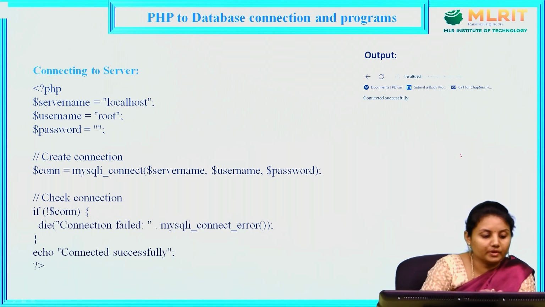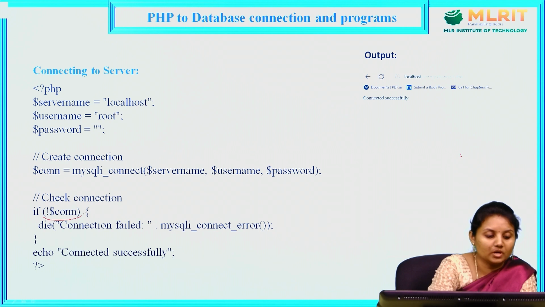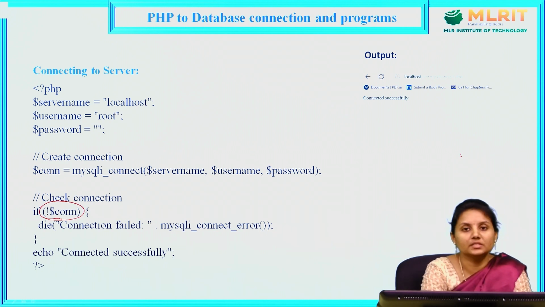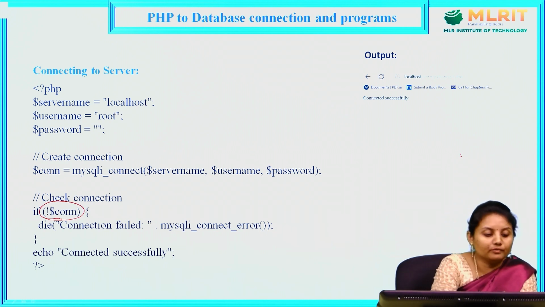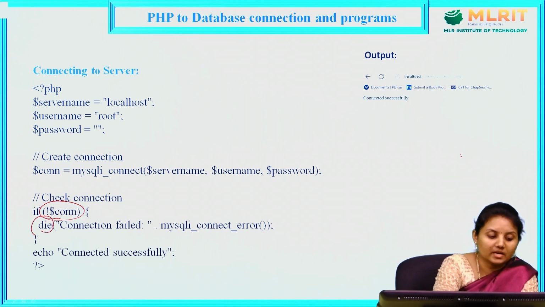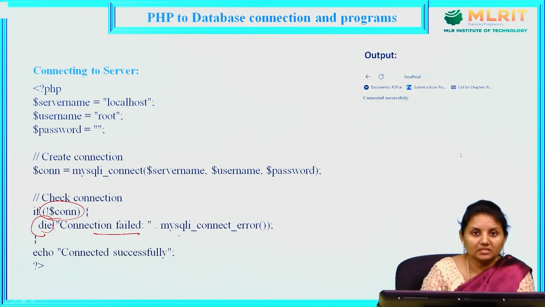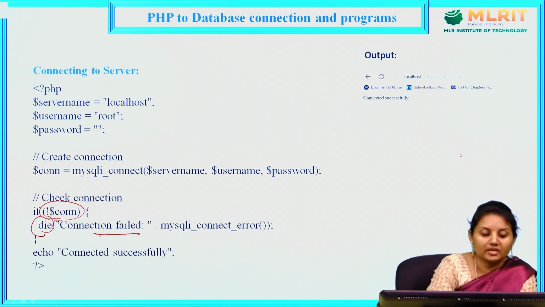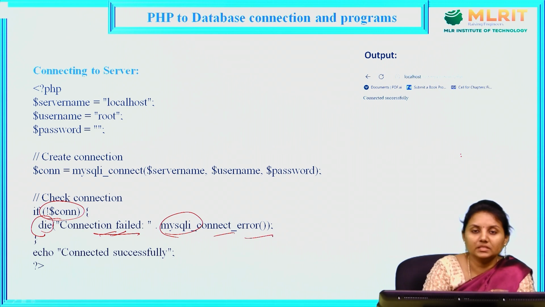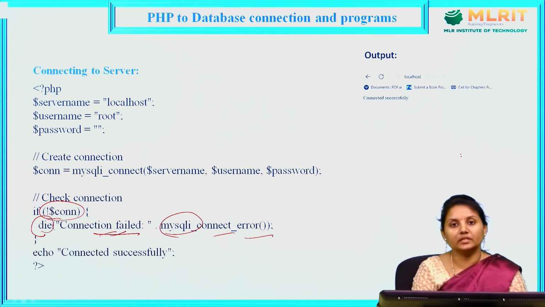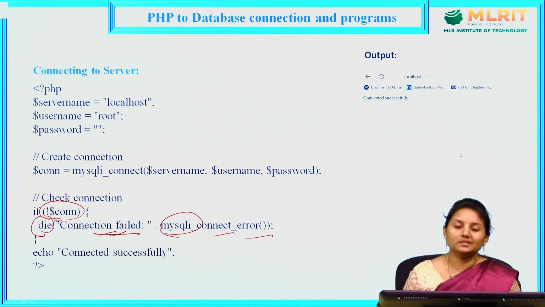Here we check whether the connection is successful or not. If not connected, then die with connection failed. To get the error message, to display connection failed, they use mysqli_connect_error. When MySQLi is integrated with PHP, it understands that the connection is not successful, and therefore it sends the error message.